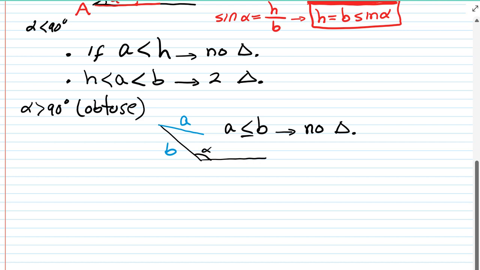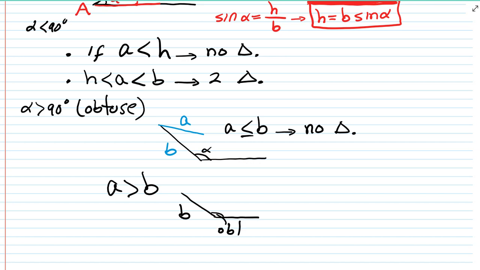And what if A is greater than or equal to B? Actually, let's say this time A is greater than B. So if this is B, and the angle, of course, is obtuse.